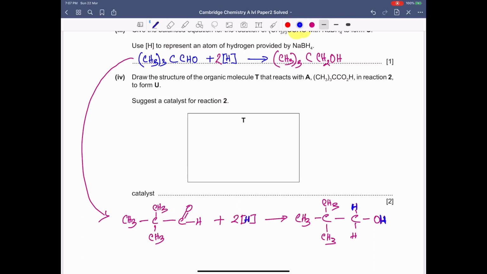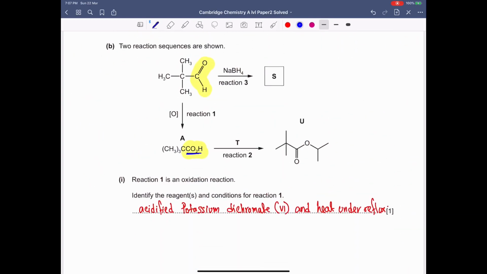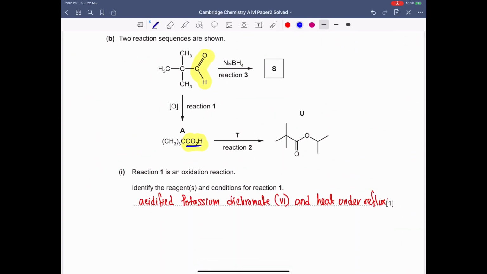Draw the structure of the organic molecule T that reacts with A, (CH3)3CCOOH, in the reaction to form U. Okay, so when looking at T, it is very clear that CH3 is here, CH3. So this molecule that we are talking about is propan-2-ol. See here, CH3, CH, and obviously there is an alcohol on top of it.